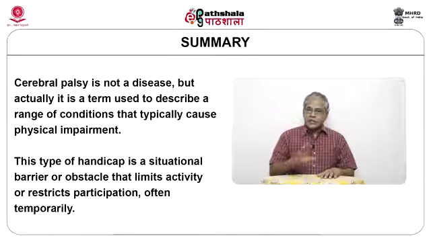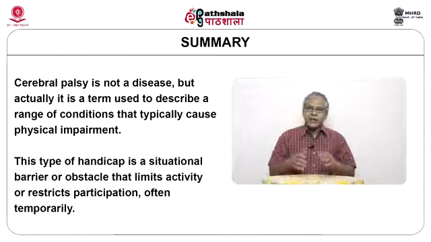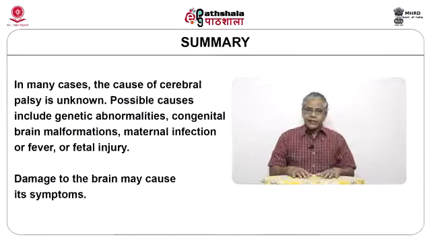Cerebral palsy is not a disease, but actually it is a term used to describe a range of conditions that typically cause physical impairment. This type of handicap is a situational barrier or obstacle that limits activity or restricts participation, often temporarily. In many cases, the cause of cerebral palsy is unknown.